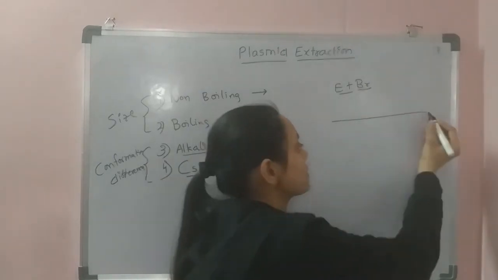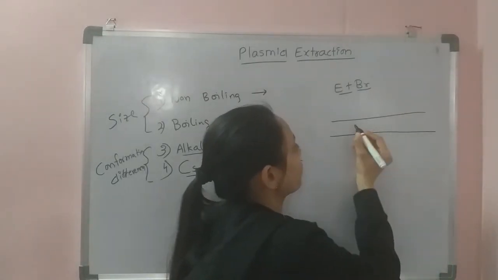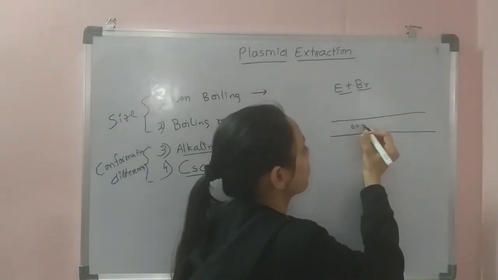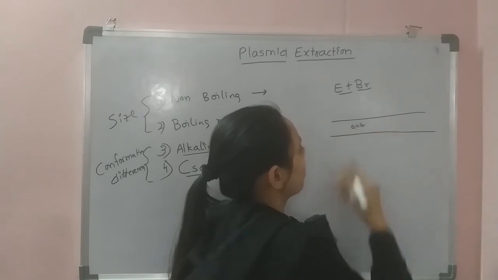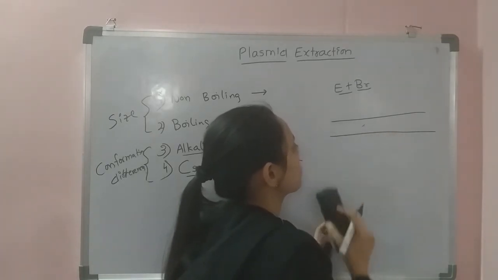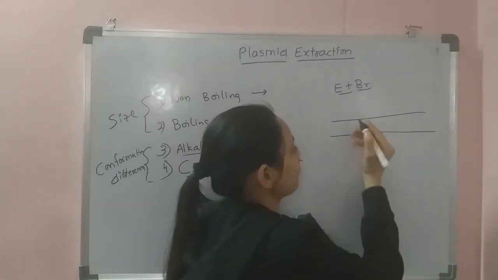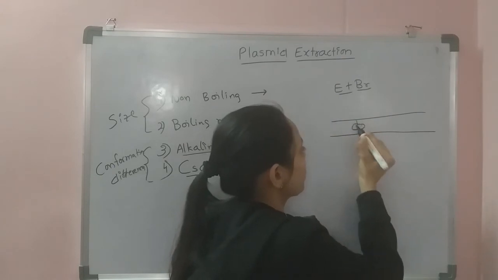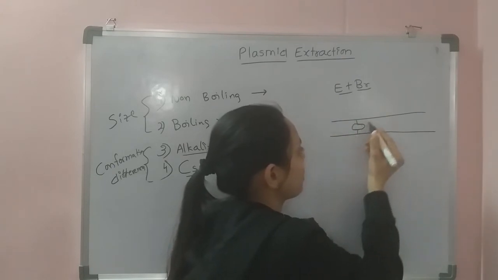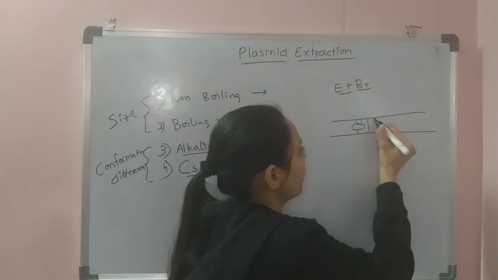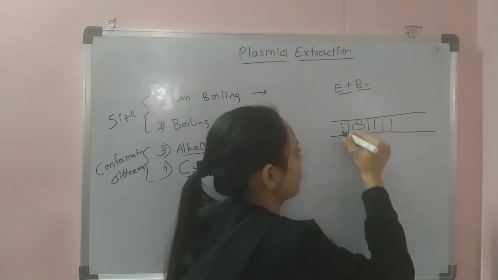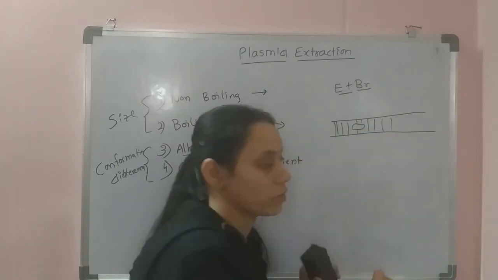If this is the DNA, the EtBr will be intercalated between the base pairs, which causes local unwinding of the DNA wherever it is incorporated.